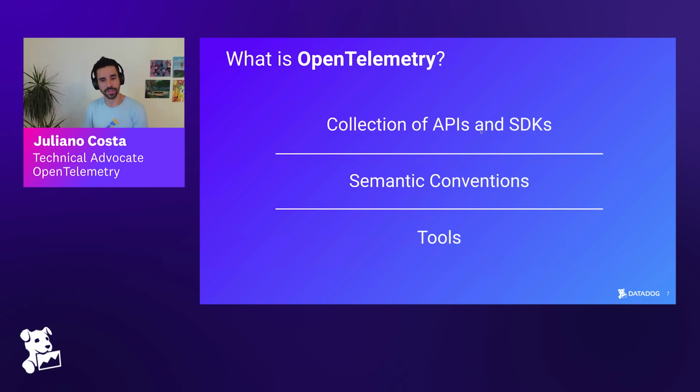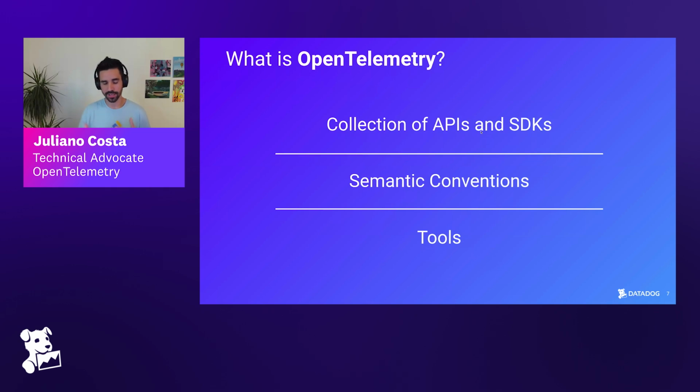We also have the OpenTelemetry Collector, the operator that is used whenever you are deploying OpenTelemetry in Kubernetes. And I would even say that the OCB, which stands for OpenTelemetry Collector Builder, is also a tool provided by the OpenTelemetry project to build custom collectors.